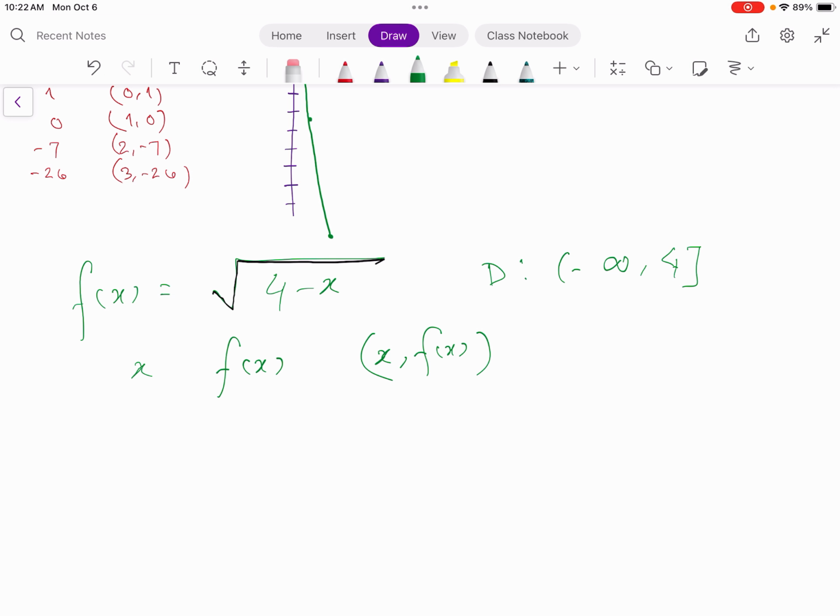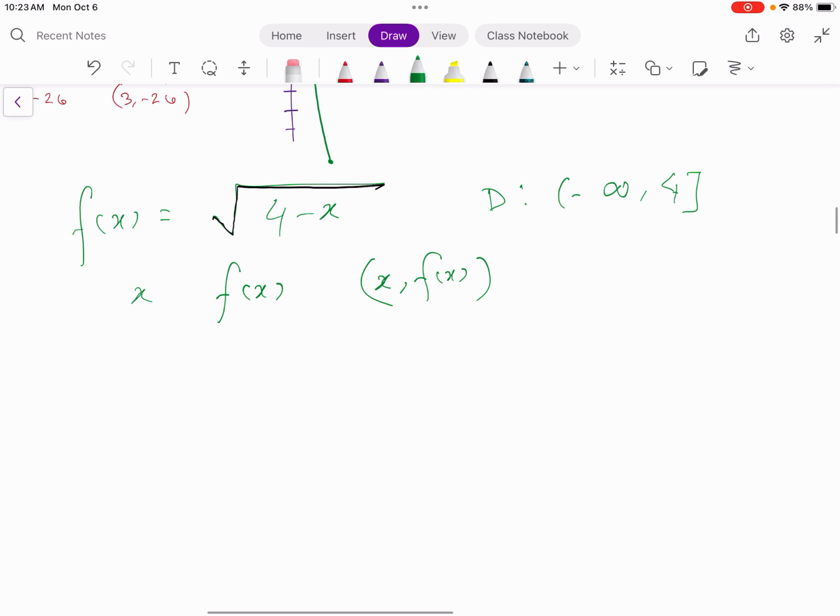Can we pick any number as an input for this function like we did for the previous two functions? Now in this case we cannot pick any number, okay? Your input has to be less than or equal to 4. You can pick any number which is less than or equal to 4. If you pick a number greater than 4, you do not get an output, okay?